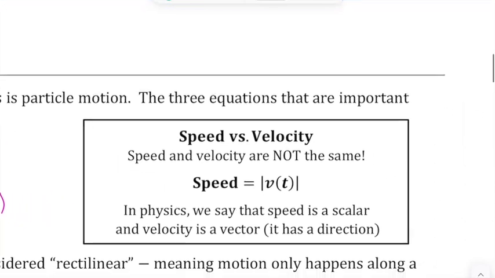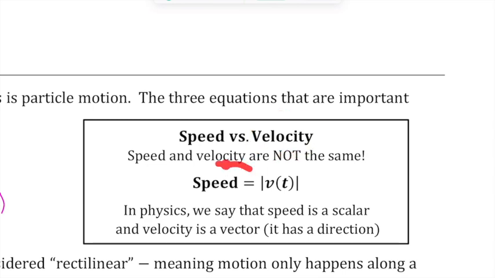Now, what is the difference between speed and velocity? Not much. The only difference, at least in physics, is that velocity has a direction. So you could be traveling 70 miles an hour. That's just a pure speed. But if you're going 70 miles an hour north, that is a velocity.